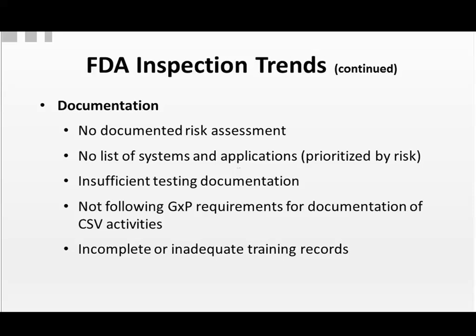And generally not following GXP requirements for documentation of CSV activities, not properly using the blue or black ballpoint ink permanent marking, not using any kind of single line through your error to show you still can see and not obscure the original result, clearly writing in the correct one, and then initialing and dating, and along with that, writing the reason for the correction.